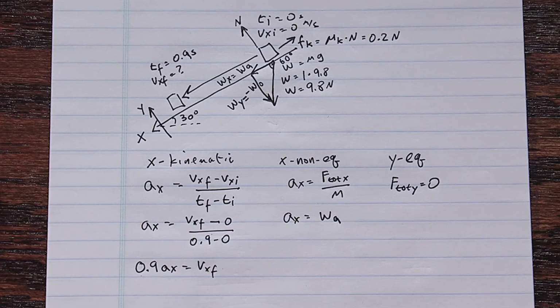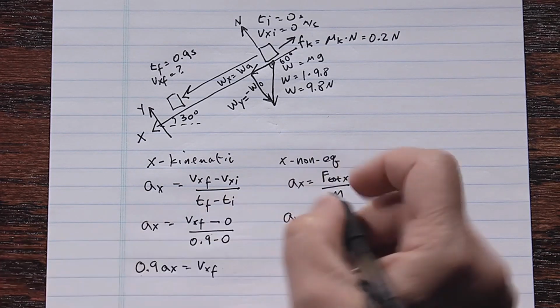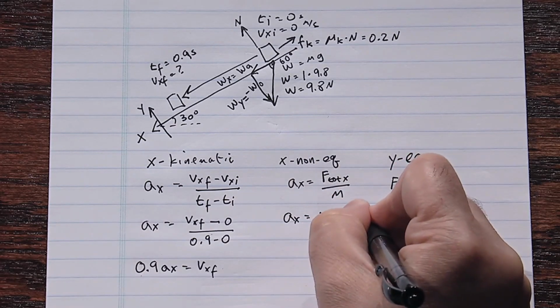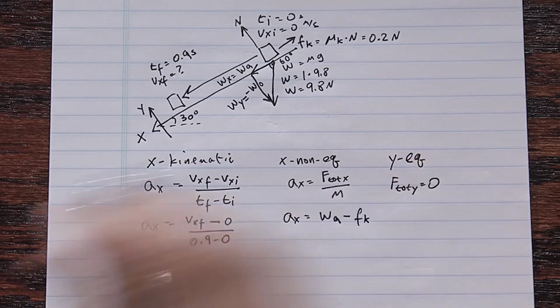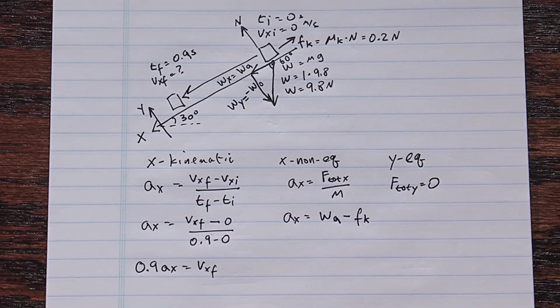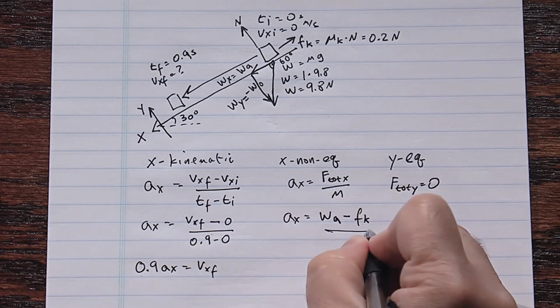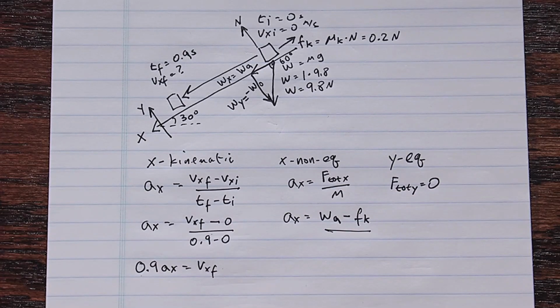Pulling in the negative x direction is our friction force, minus F kinetic. And that is the total force in the x direction. Divide that by the mass of the brick. Mass of the brick is 1 kilogram. We can work with this a little bit more.